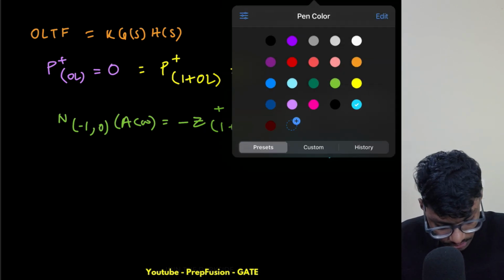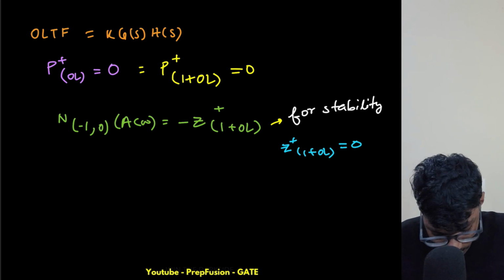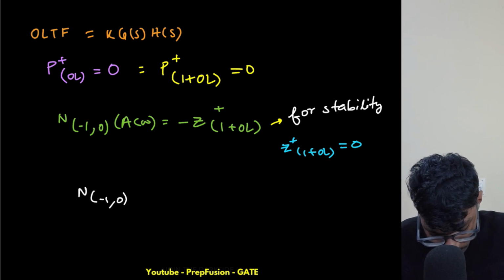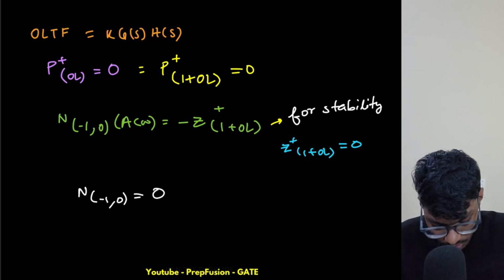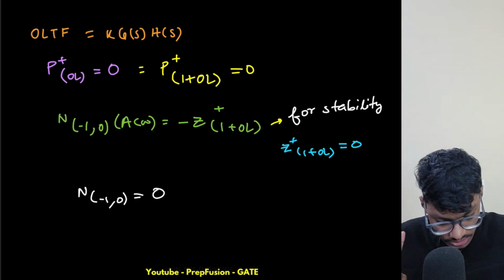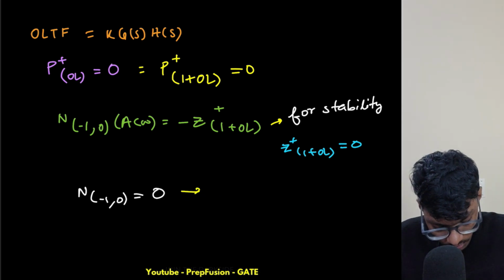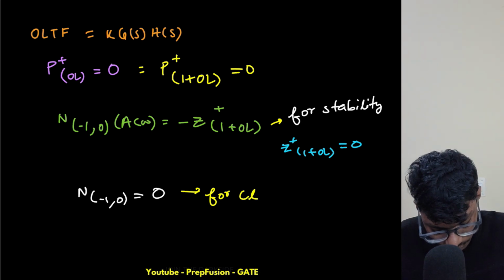So N of minus 1 comma 0 has to be 0 for closed loop stability.